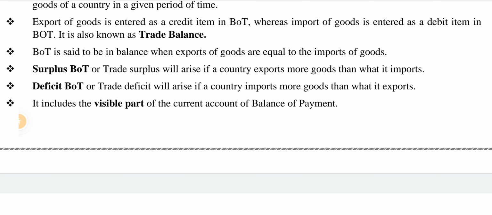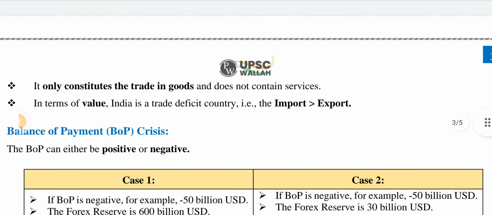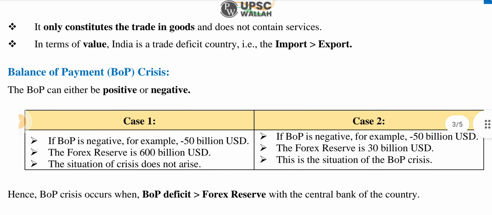It includes the visible part of the current account of balance of payments. It only constitutes the trade in goods and does not contain services. In terms of value, India is a trade deficit country. The import is greater than export.